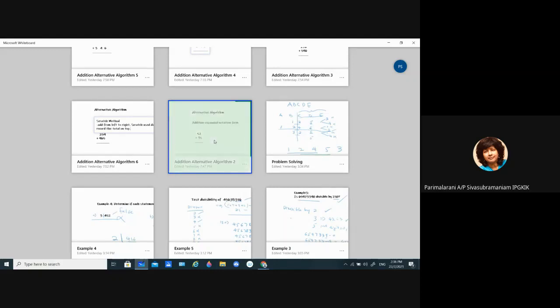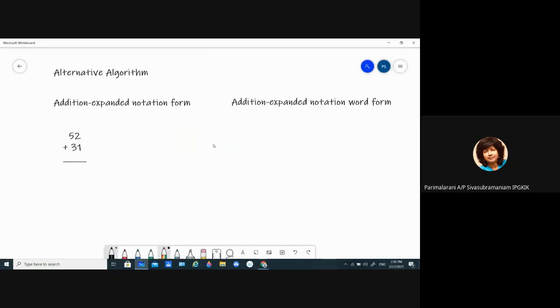Okay, this is the second method. This is the expanded notation form. So for example, this is the addition expanded notation form. If you have 52 plus 31, how do we do this? 52 is also equal to 50 plus 2, and 31 is 30 plus 1.